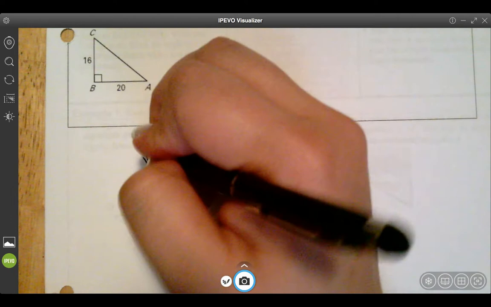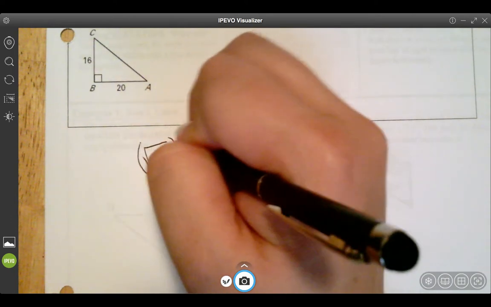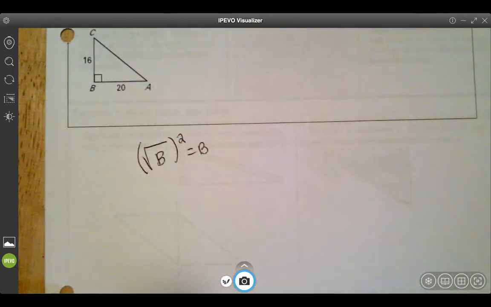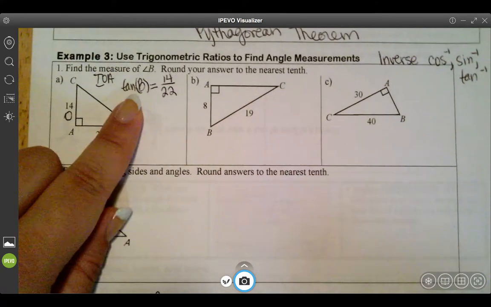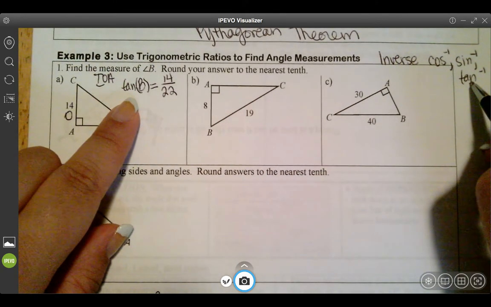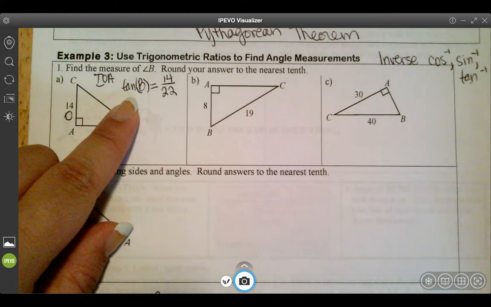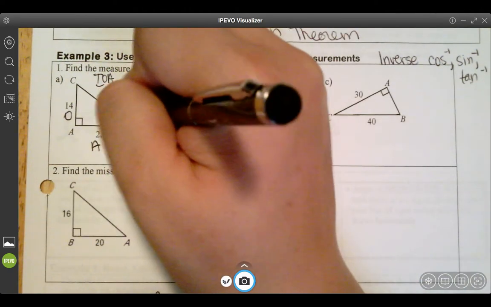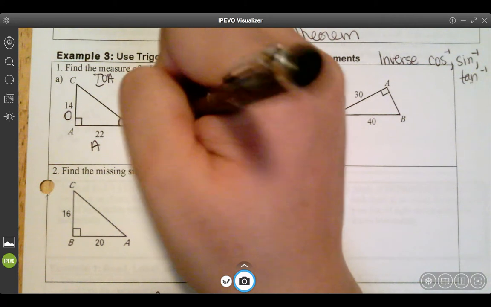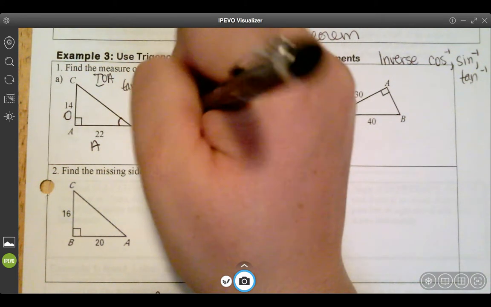What I have to do is I have to then square it in order to get B, right? So I have to do the opposite function. So in these examples, the opposite function is the tangent, but tangent inverse. And so what we're going to do is we'll do B equals tangent inverse of 14 over 22.